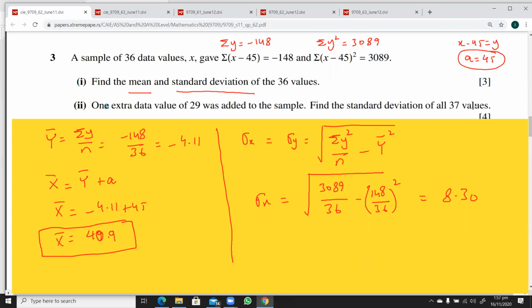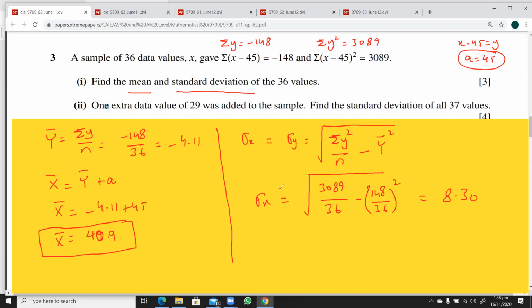Oh, okay. So that means when you have to find the standard deviation, it requires the mean over here, okay? So you will have to find the mean, and only then you can find the standard deviation, okay?